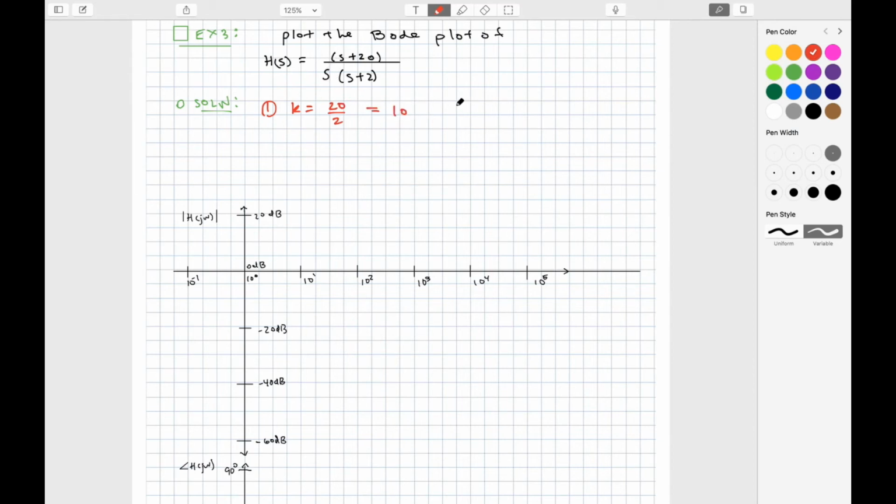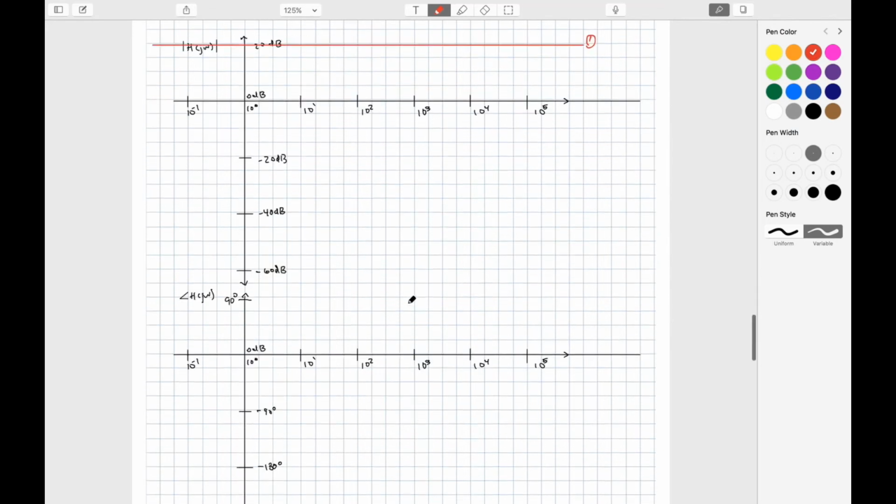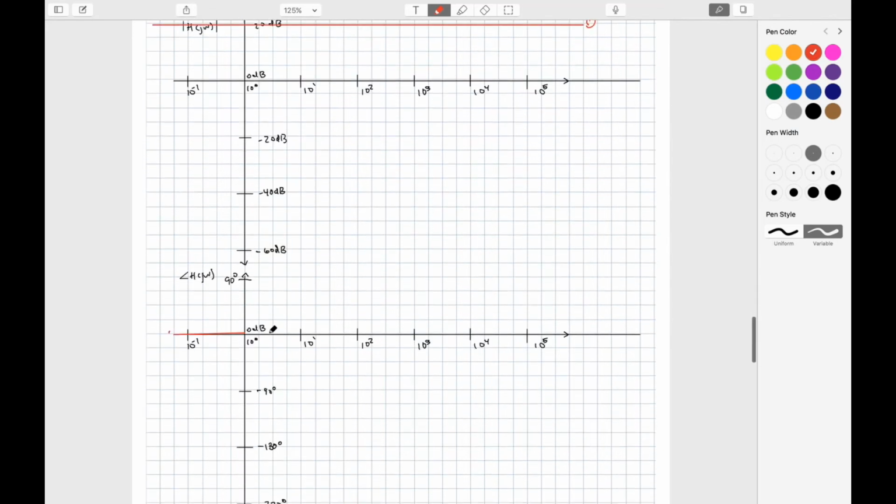This is equal to a gain of 10, and the gain contribution is 20 log base 10 of 10, which we should know is equal to 20 dB. So the gain contribution from this I can just draw in as being equal to 20 dB. This is 1. And the phase contribution of this is, of course, 0.